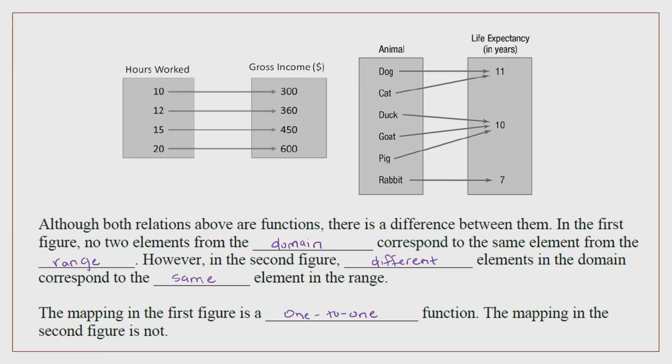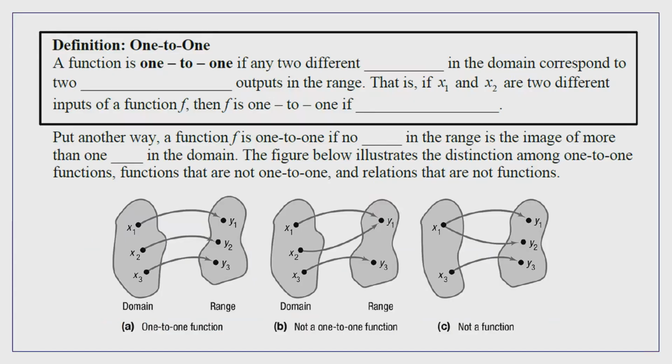A one-to-one function is defined by this definition: a function is one-to-one if any two different inputs in the domain correspond to two different outputs in the range.